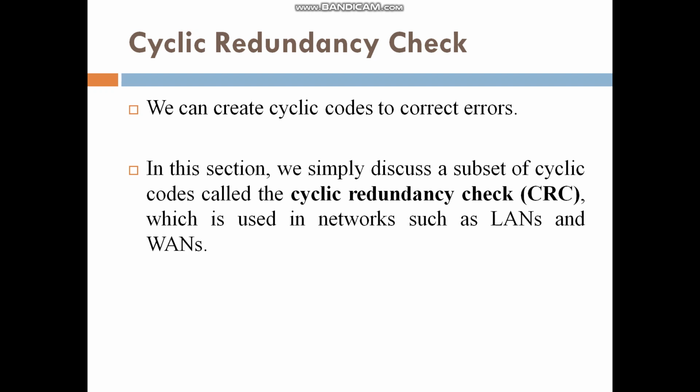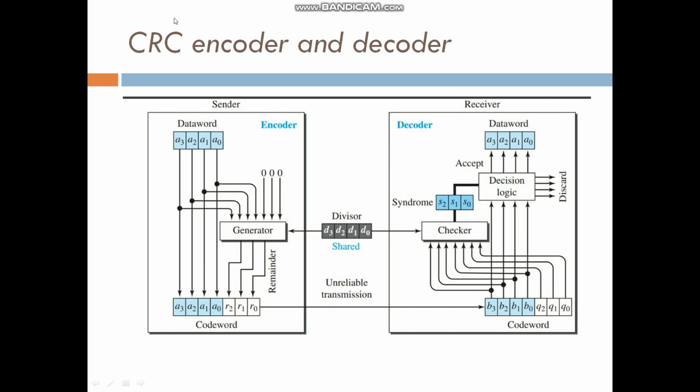We can see the main approach using this diagram. It includes a sender side and a receiver side. There are two main components, an encoder as well as a decoder. The encoder is at the sender side and the decoder is used at the receiver side.